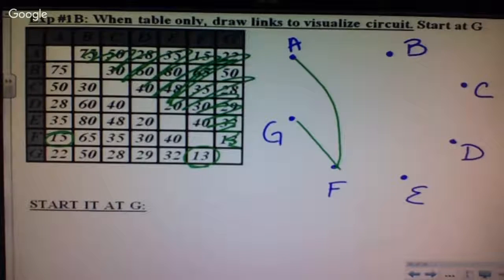My next smallest number is 20. I thought it had to be from A. Right, remember, this is cheapest link. I'm not at A. I'm not following a path. I'm just picking small numbers. So my next small number is 20. And what does that connect? E to D.